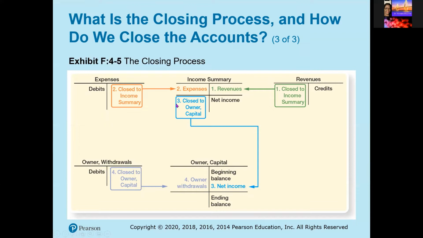At this point, all the revenue accounts and expense accounts show a zero balance. The income summary account, when balanced, will have a balance equal to net income or net loss. The income summary account is then closed to the owner capital account.